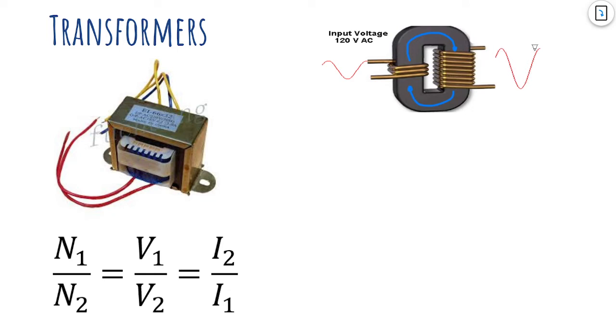And it's showing here that my original electricity was 120 volts AC. Well, I've got a bigger wave coming out here. I've got more voltage. So my output voltage can be calculated with that formula at the bottom of the page.